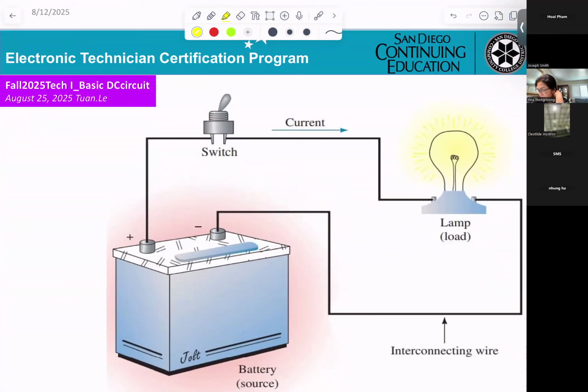And now, let's really see how the current is flowing. This is the positive, negative. They go to the switch, so the current can be flowing.